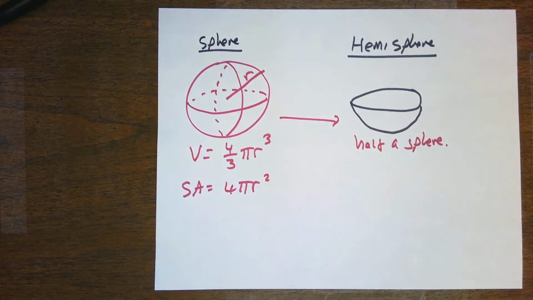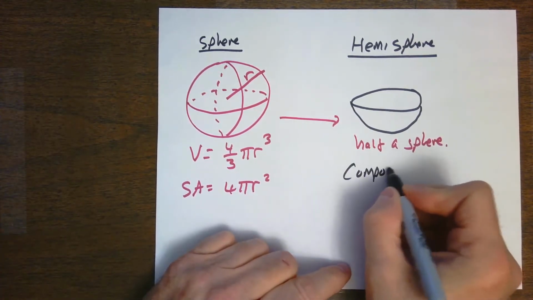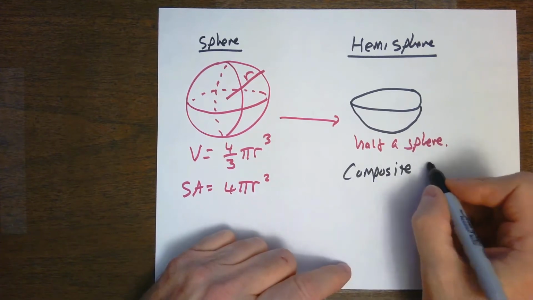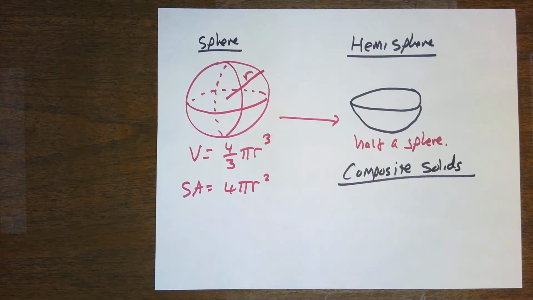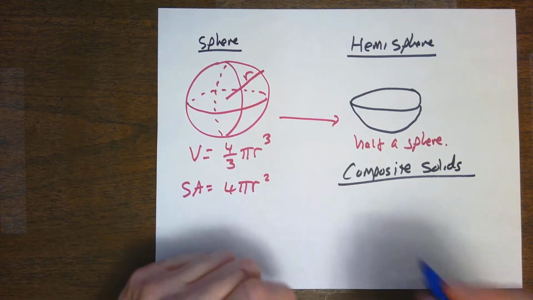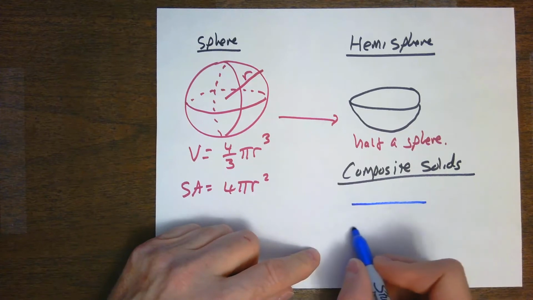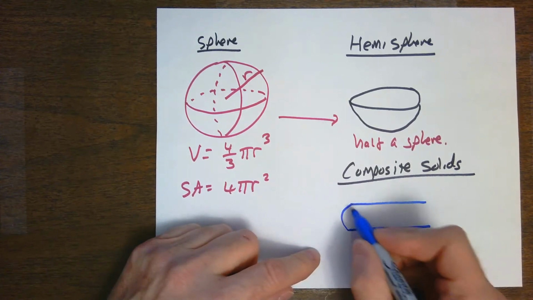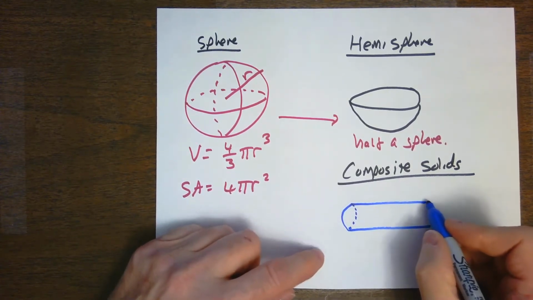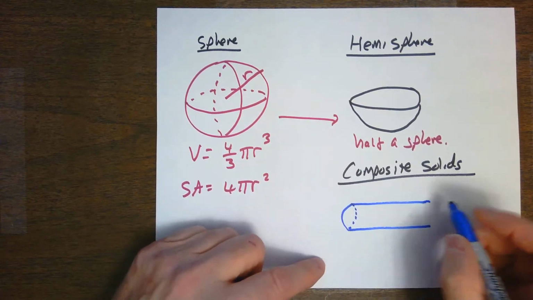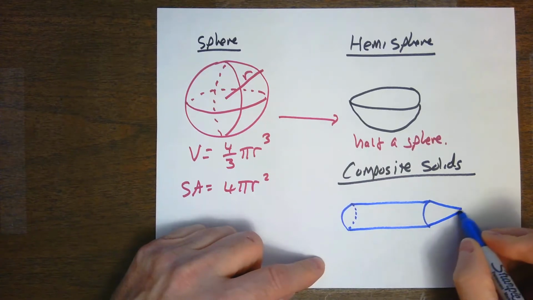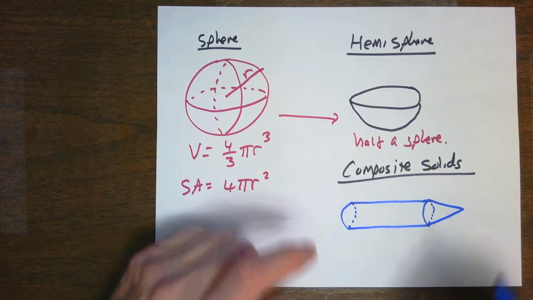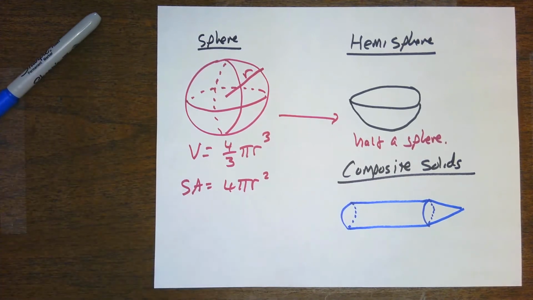Something else we're going to have to deal with too is something called composite figures, composite solids. And a composite solid, for example, might be something like a cylinder with a cone atop it.